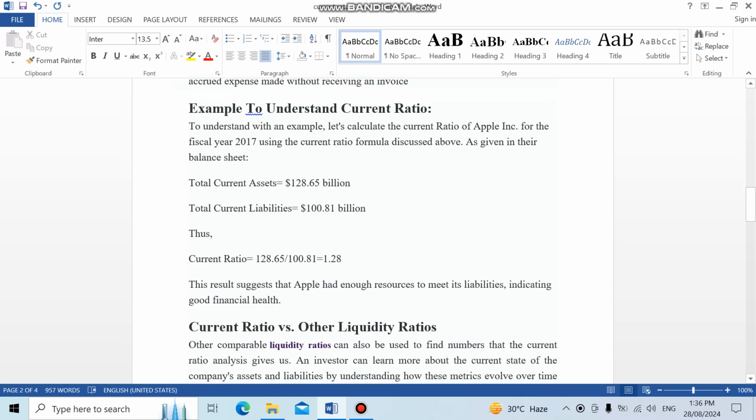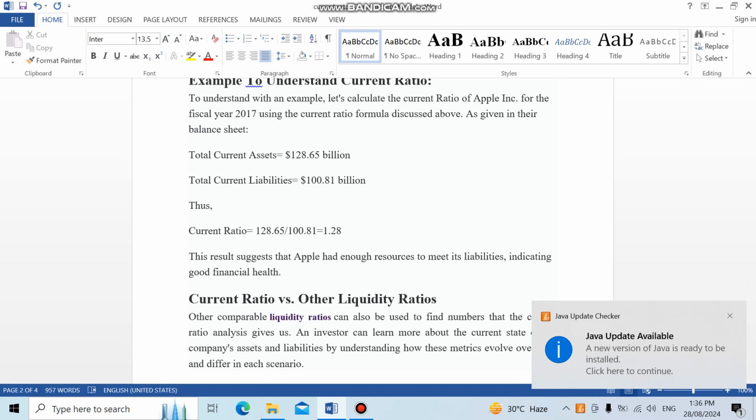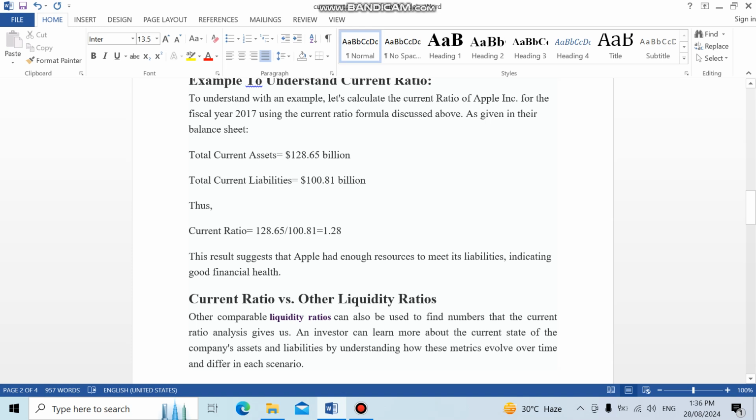Let us now come to the example to understand current ratio. To understand the example, let's calculate the current ratio of Apple Incorporation for the fiscal year 2017 using the current ratio formula discussed above. As in the balance sheet, total current assets of the company are 128.65 billion dollars and total current liabilities are 100.81 billion dollars.